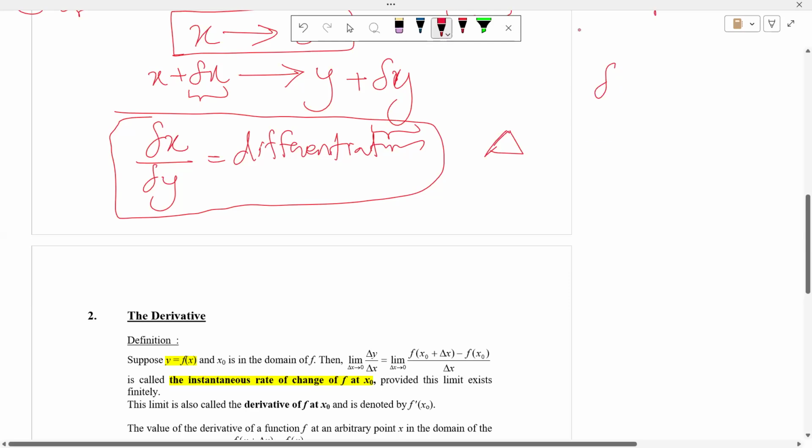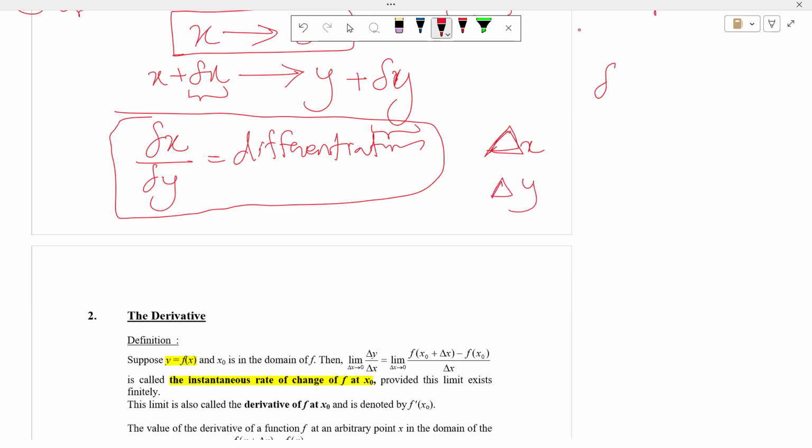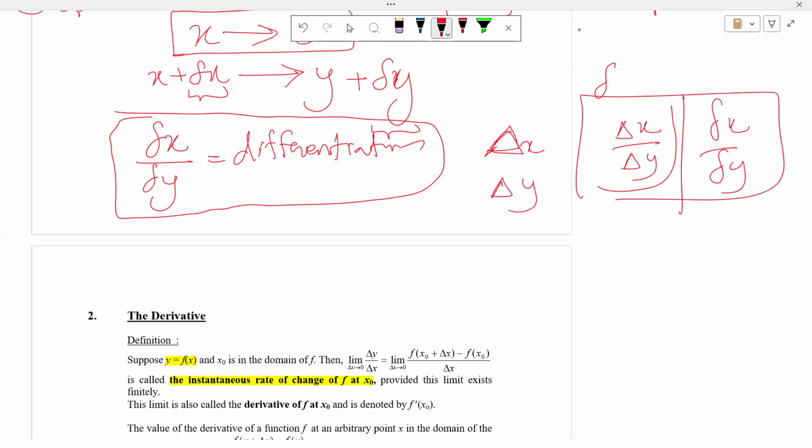Both are called delta. Sometimes they will write delta x this way, delta y this way. So delta x over delta y, both are the same meaning, right? So this is what we can call differentiation.